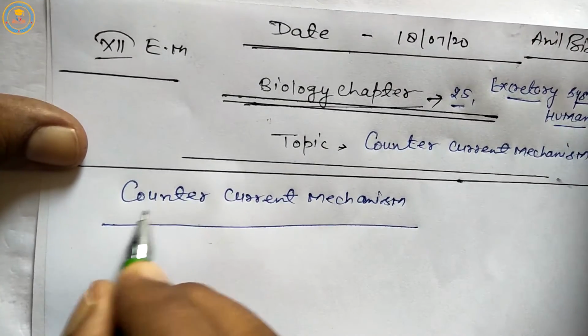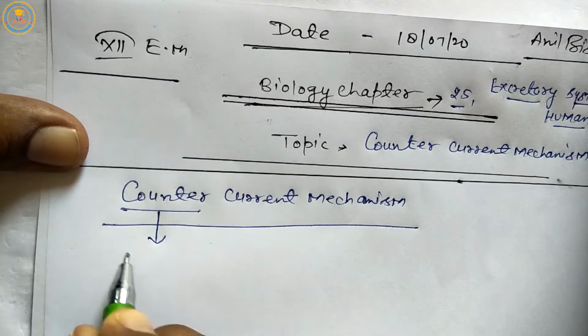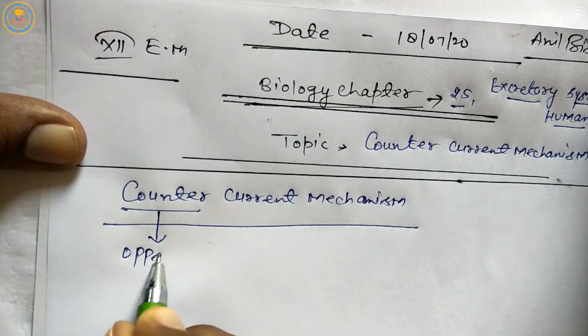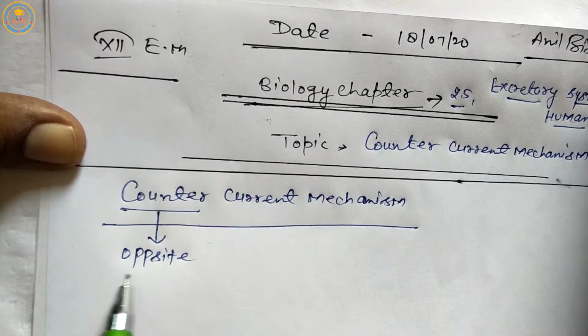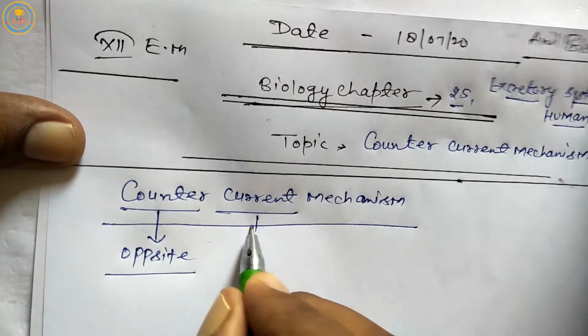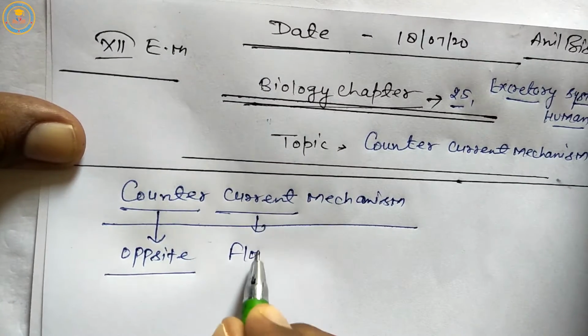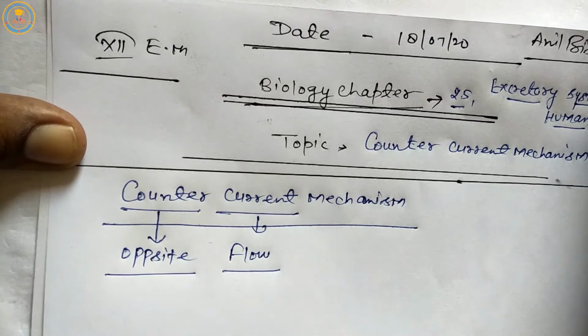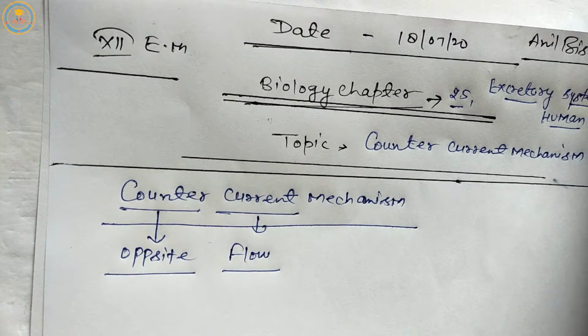Students, counter means opposite, current means flow, and mechanism means process. It means in this topic, in this mechanism, in this process, some specific fluid flows in opposite direction.